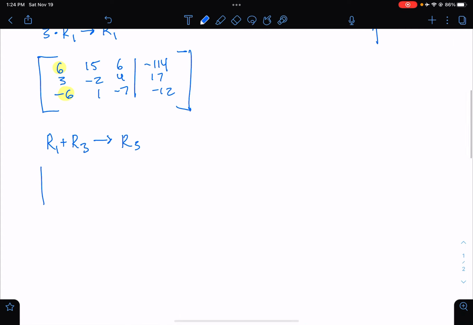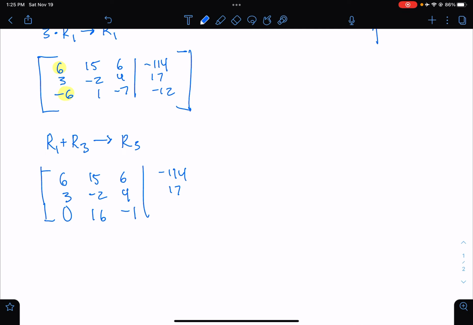which would then be, so the top row would remain the same, as well as the second row. But then the third row, this would be 0. This would be 16, and this would be -1. And this would be -126.